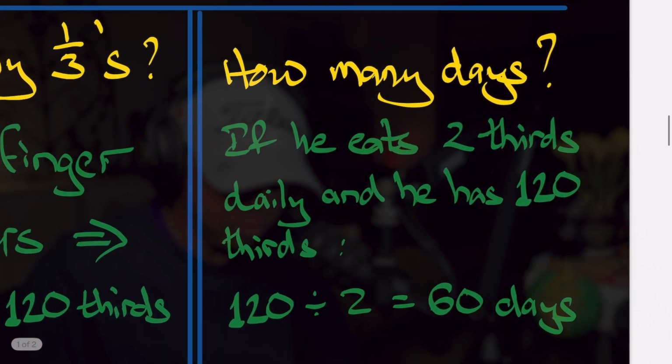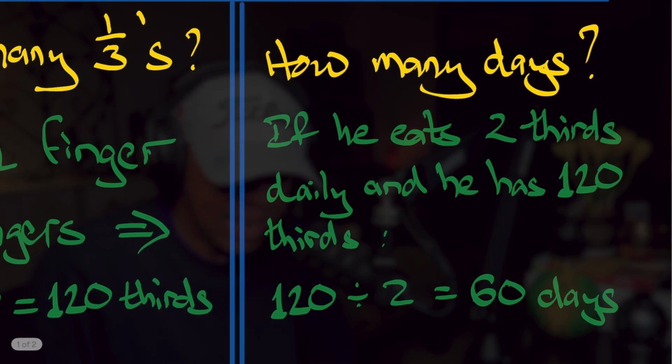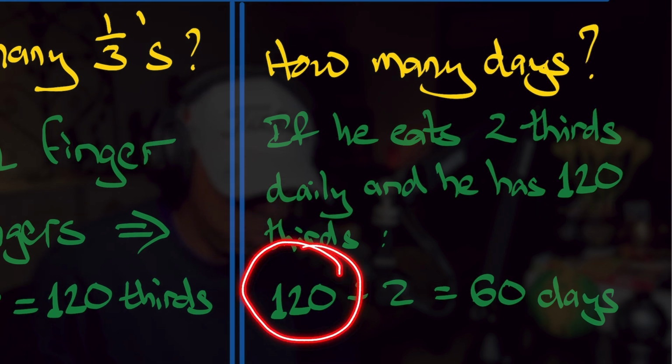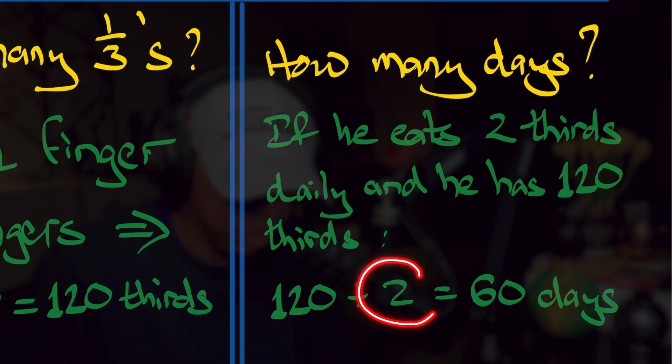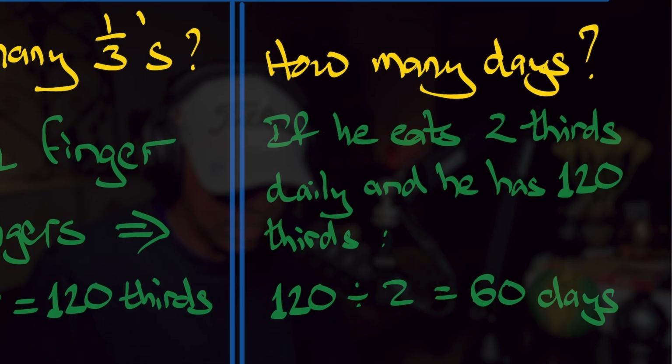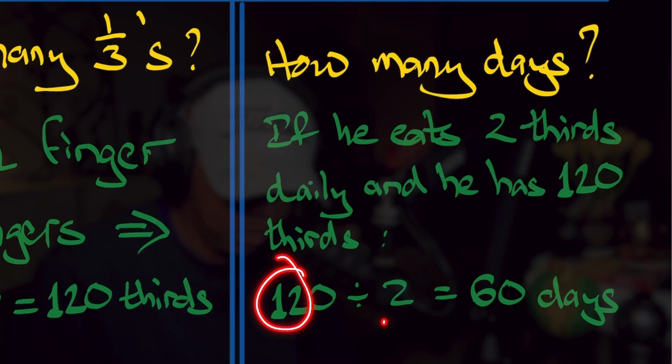How many days? Well, he tells us that he eats 2/3 every day, and he has 120 thirds. If I divide the 120 thirds into groups of 2, which tells me how many parts he eats each day, that's going to give me 60 days. How do I know that? Because 12 divided by 2 is 6.